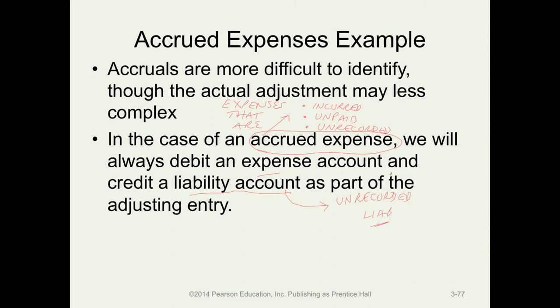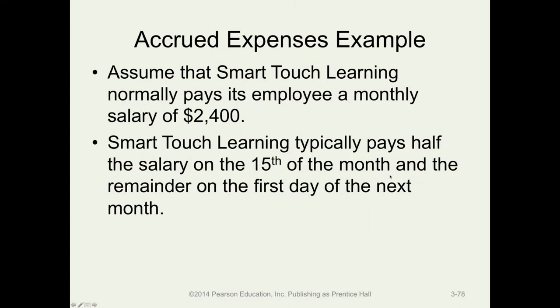So you may have borrowed money, interest is accruing, you owe somebody interest, you don't get a separate bill, it just gets added on to the debt, and you have to keep track, and it's an unrecorded liability up to this point. Salary is the same thing. You have people working for you, but you don't pay the salary until the end of the period. And again, you have to make sure that at the end of the period, the unadjusted trial balance is adjusted accordingly. So let's take that salary example.